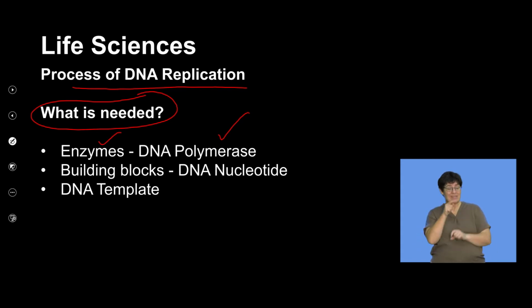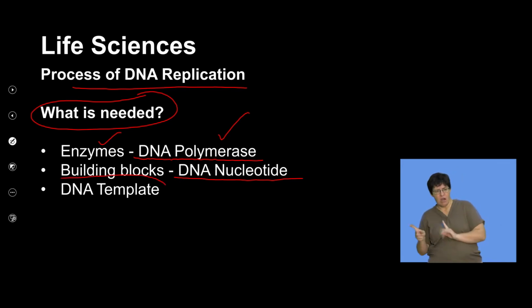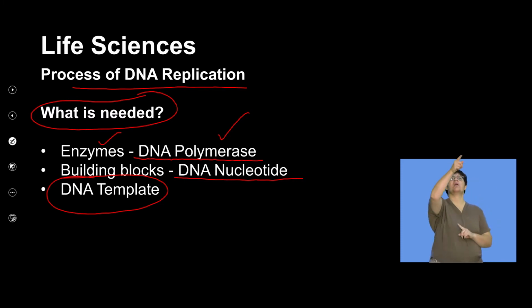We also need the building blocks. If we were to make DNA, we need the building blocks of DNA, called DNA nucleotides. When copying or replicating, we need a reference, and that reference strand to copy from is the DNA template.